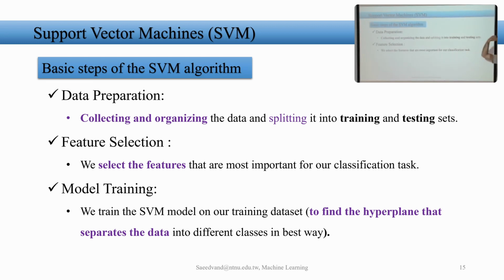You can directly feed the data to the algorithm. But in some tasks, your features should be extracted. For example, if you have an image, then you may need to extract the edges. You may need to apply some pre-processing techniques in order to extract your features from the raw data.